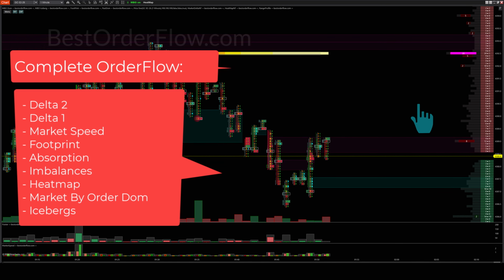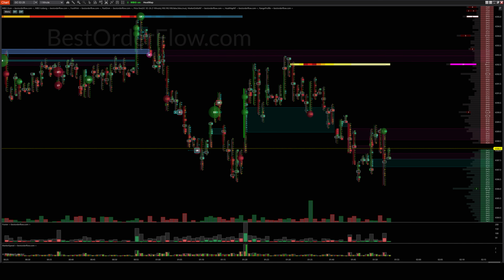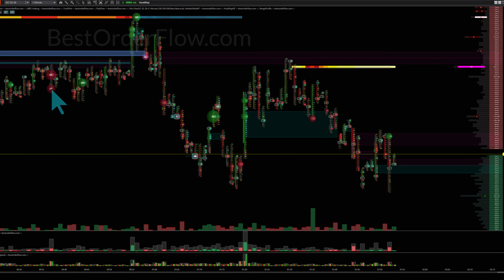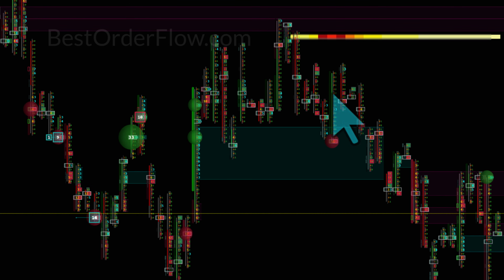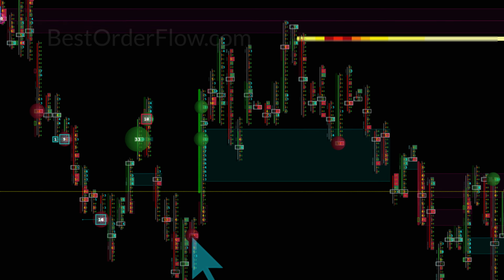There are sellers and buyers on level 2 that provide us support or resistance, which is not visible to people who trade only price action or volume profile indicators. So there are new indicators on this very chart. We can see the level 1 indicators on the footprint, imbalance zones, absorptions, and market delta absorptions.